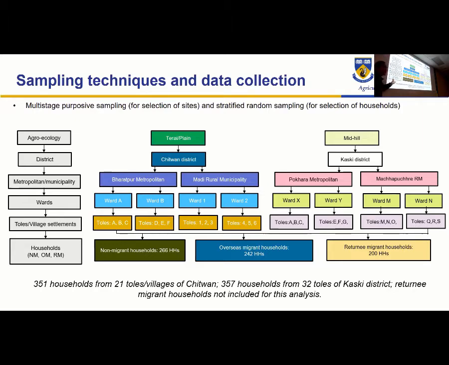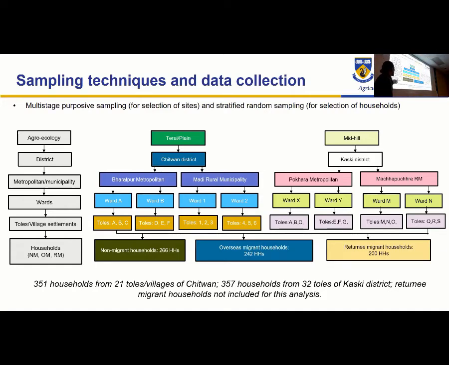We classified households into 3 groups. One is non-migrant households, next one is overseas migrant households, and next one is returning migrant households. Non-migrant households are those which do not have any member migrating overseas, while overseas migrant households are those who have at least one member migrating overseas at least 6 months before the survey.